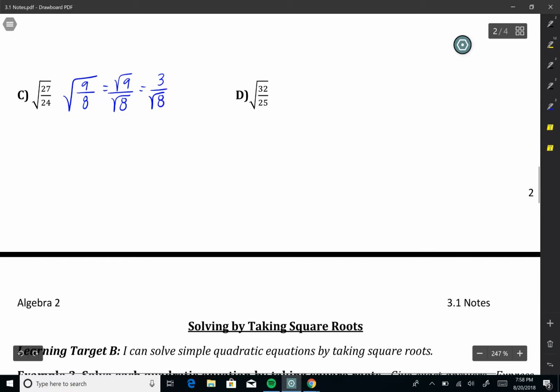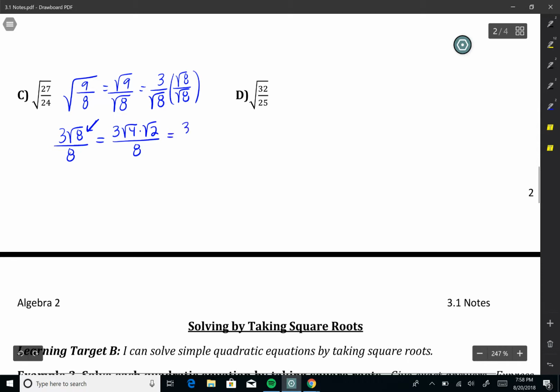Well, the square root of 8 is not okay. I need to multiply by rad 8 over rad 8. So that's 3 rad 8 over 8. But then I hope you guys notice that rad 8 can actually be simplified using the product property. The square root of 8 is the same thing as the square root of 4 times the square root of 2.